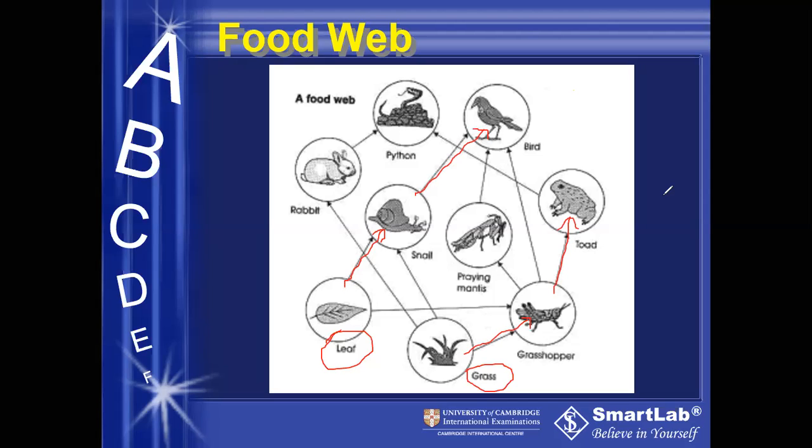Then the next one we can use is grass, eaten up by the rabbit, and eaten up by the python. And finally, we can use grass, grasshopper, mantis, and finally bird. Of course, in this food web, there are more than 4 food chains.